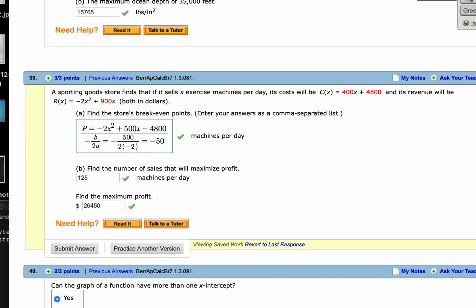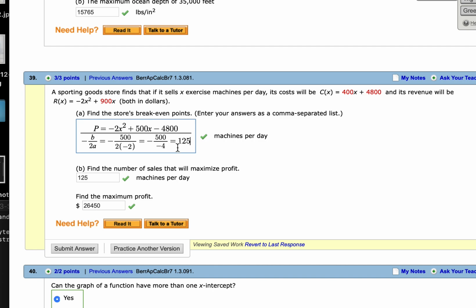So it's negative 500 divided by negative 4, and negative 500 divided by negative 4 is a positive 125. So x equals 125. That's the value where the axis of symmetry is, or in other words, that's the x value where the maximum profit happens.